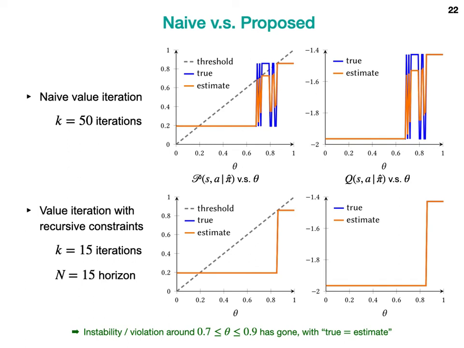Whereas in the value iteration with recursive constraints for 15 iterations with 15 horizon, we see no such shadowing and violations observed. From these graphs, we can clearly see that the solution of our approach for each threshold is apparently stable and converged.